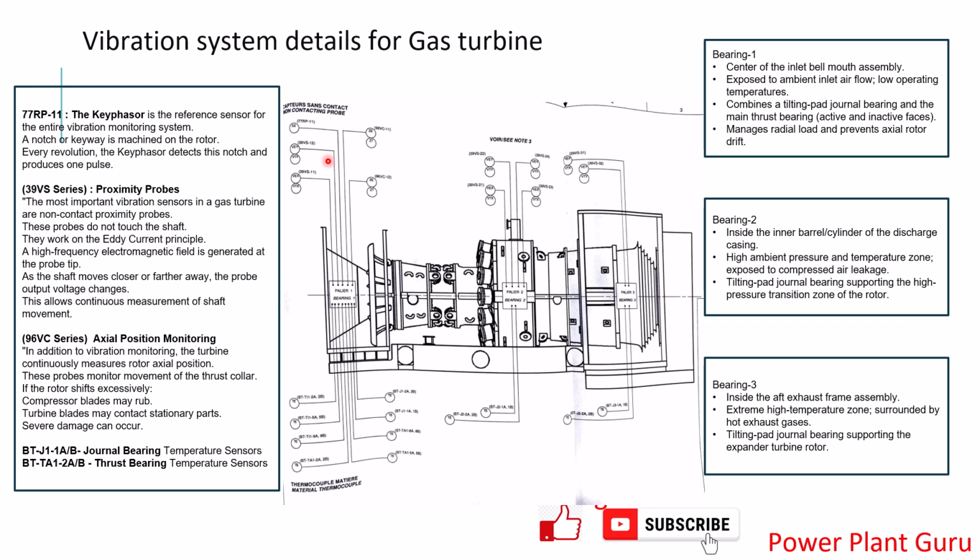There will be a notch in the shaft, and at every rotation, this sensor captures the position of that notch and understands after what time this notch is coming, and accordingly it records that. All of your sensor readings other than the vibration readings need to be read in the context of this key phasor system.